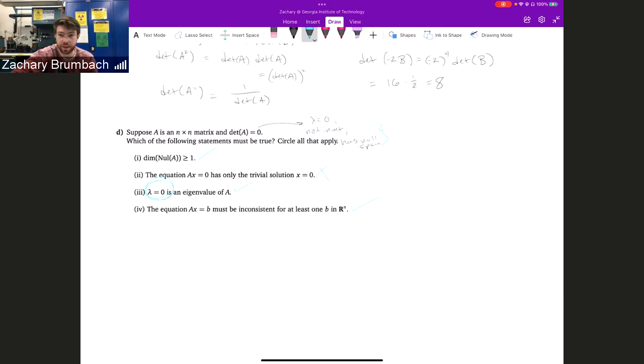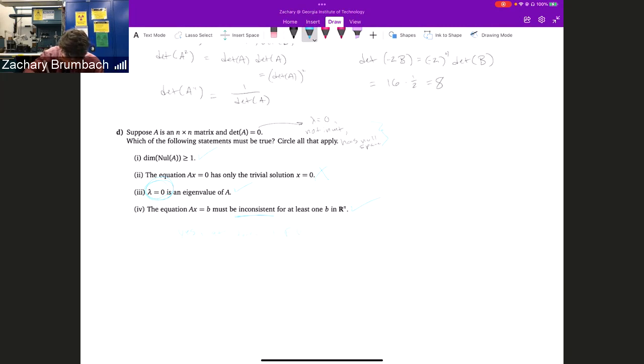I know I went through that kind of fast, but please ask questions on those. Which part, or all of it? Okay. So the last one must be inconsistent for at least one b. Yes. Because if we have a lambda equals 0, we know we have a free variable.